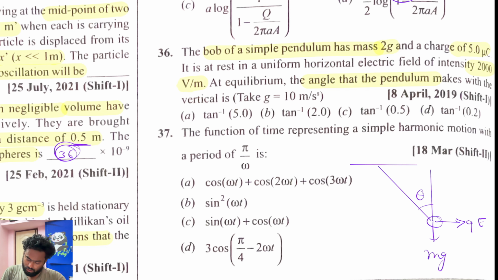And QE on the right side. We have done this multiple times, so tan theta will be QE by mg.